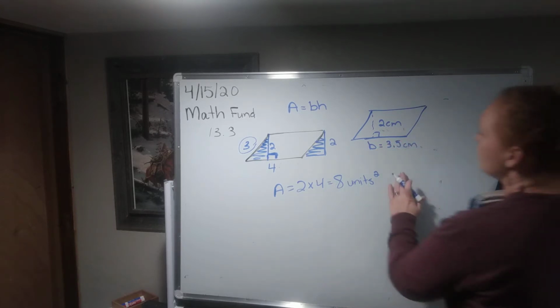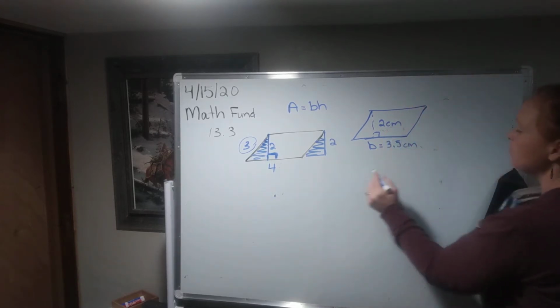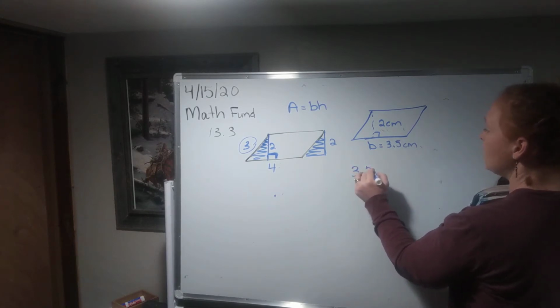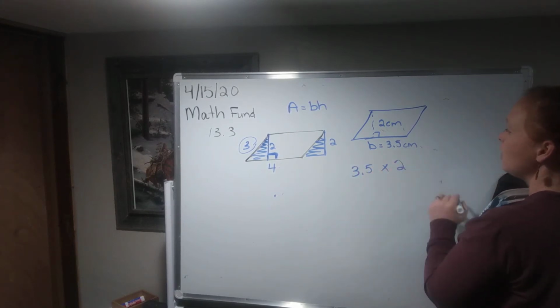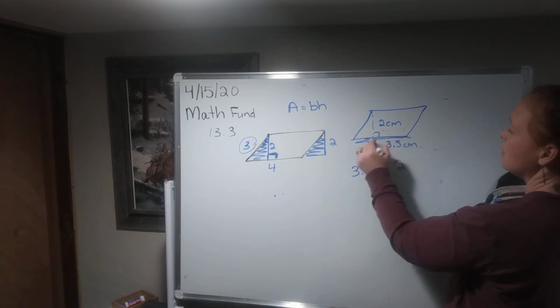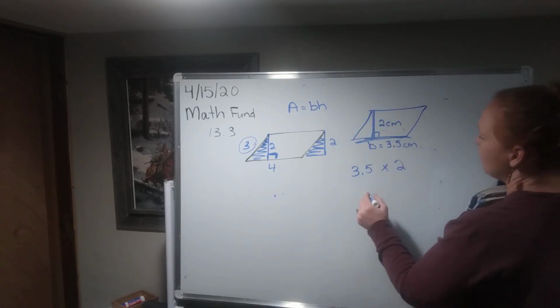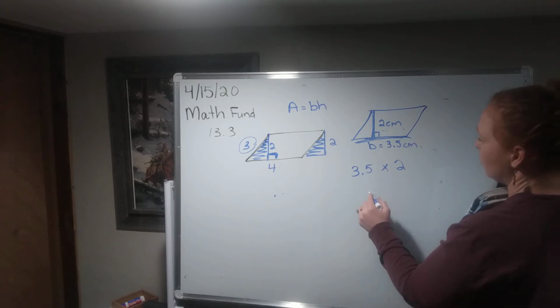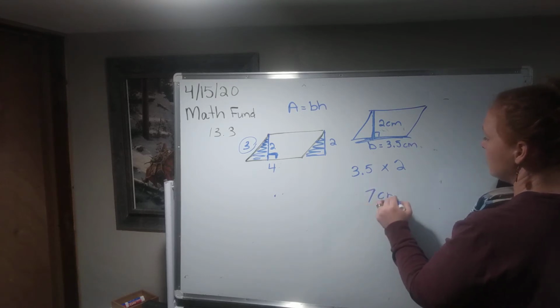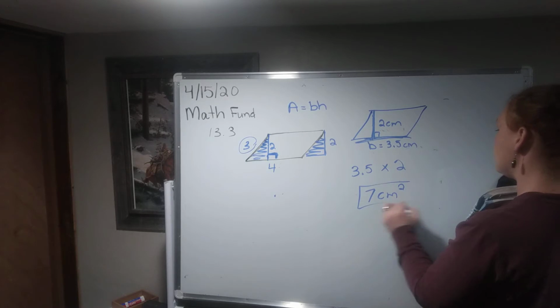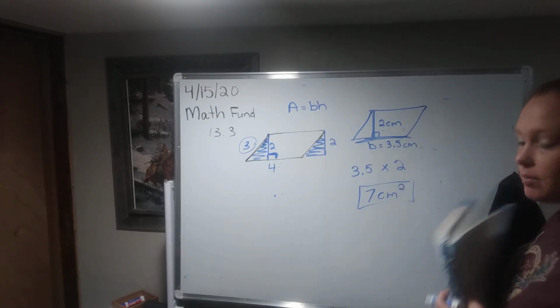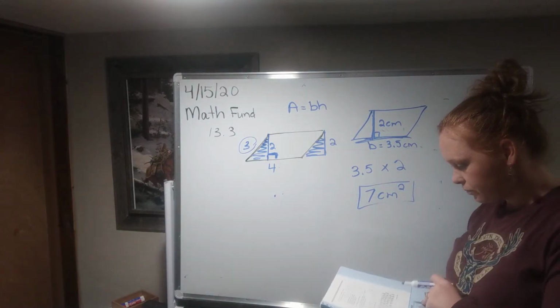Okay, so when we go to solve this problem, we're going to be solving 3.5 times 2, the base times the height. Okay, and we should get what? 7 centimeters squared. Make sure that your answer is in centimeters squared.